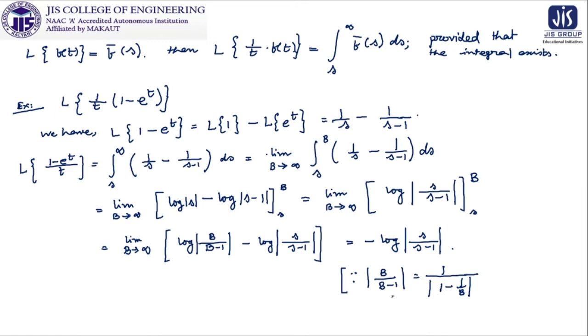It can be taken in the lower part, which tends to 1 basically as b tends to infinity, and if you make it 1, so log 1 will be 0, and for that 0 minus log mod s by s minus 1, that means only minus log mod s by s minus 1.